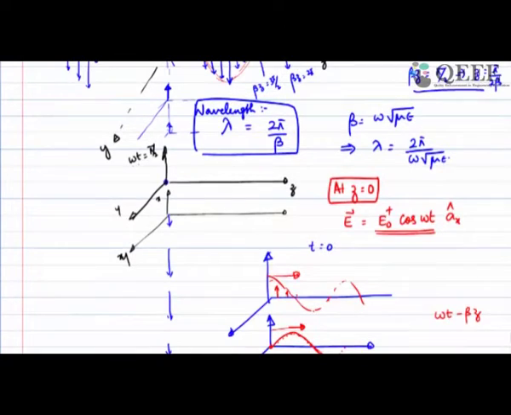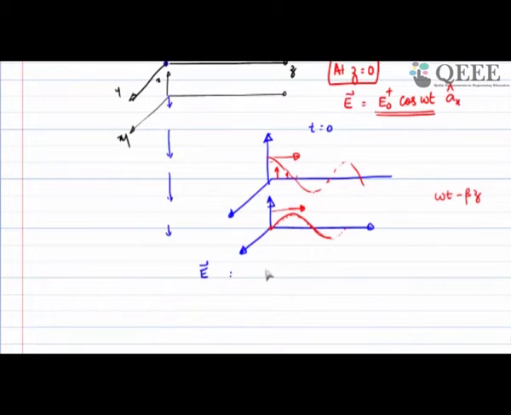So in general, my E field is the sum of a forward propagating wave and a reverse propagating wave, or wave propagating in the negative z direction. This is where the concept of wave is coming from, because as and when there is a time variation, there is a corresponding space variation.